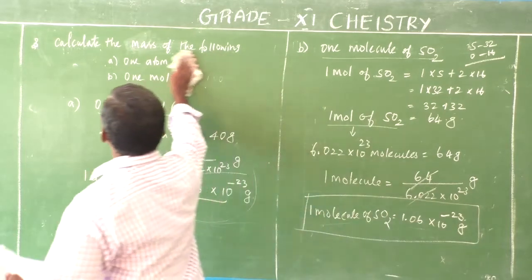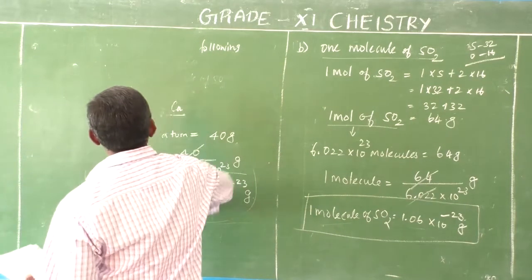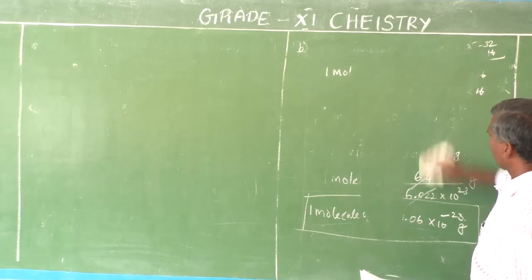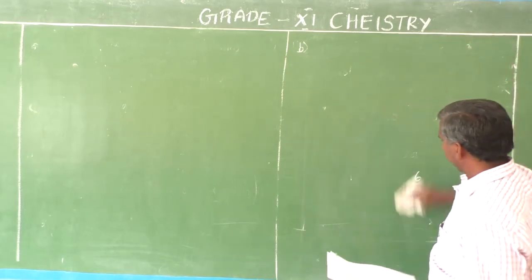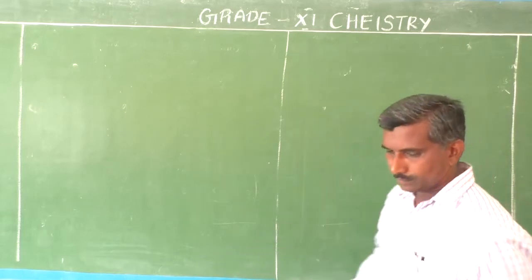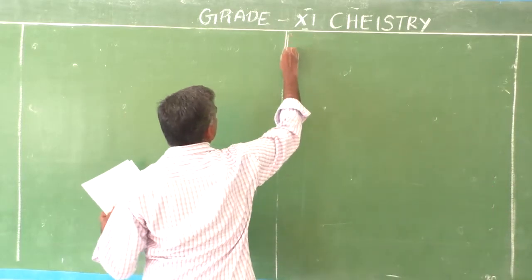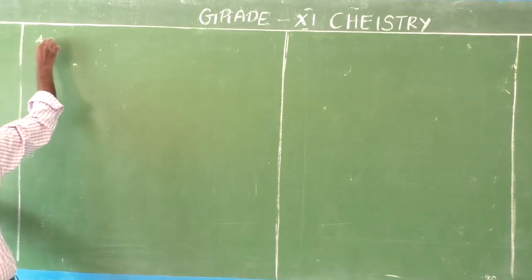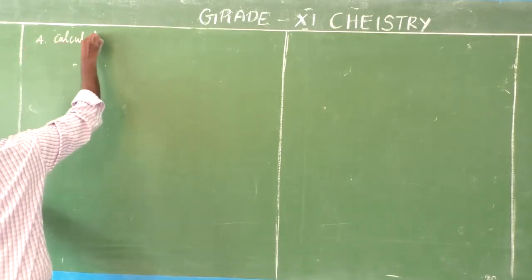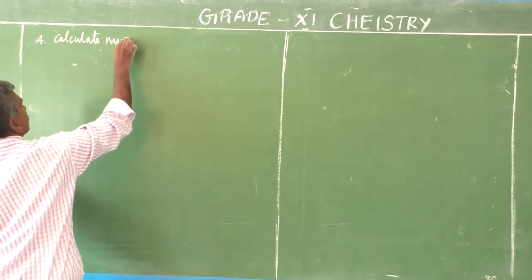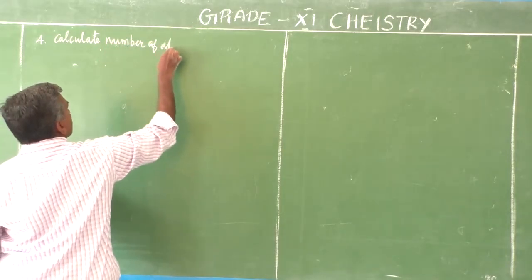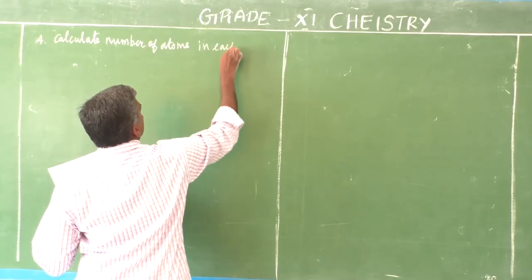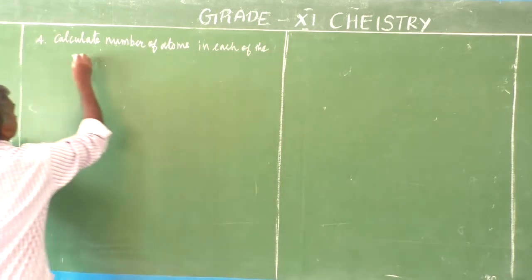Now fourth sum. Calculate the number of atoms in each of the following.